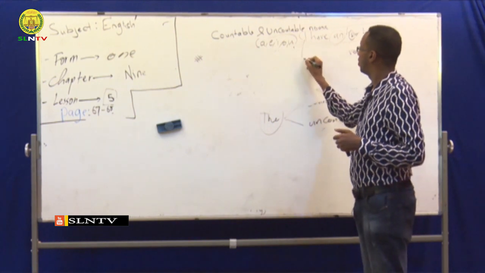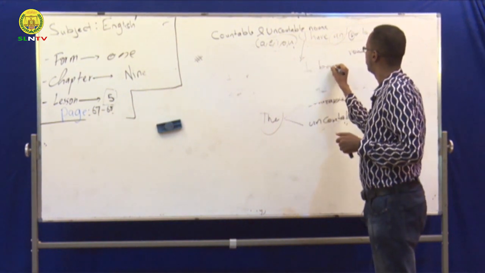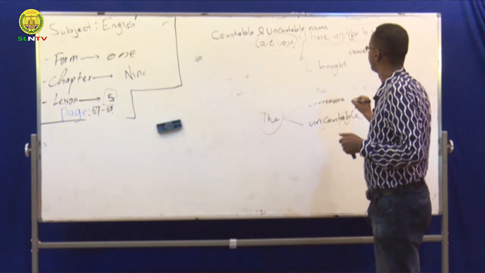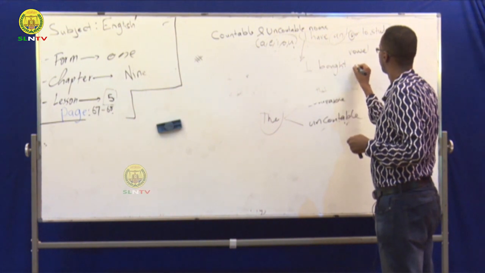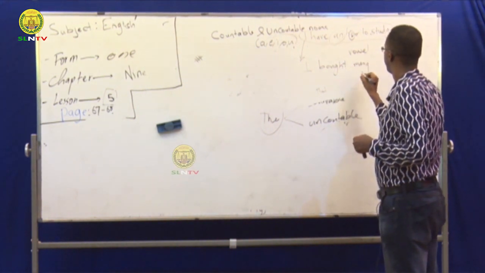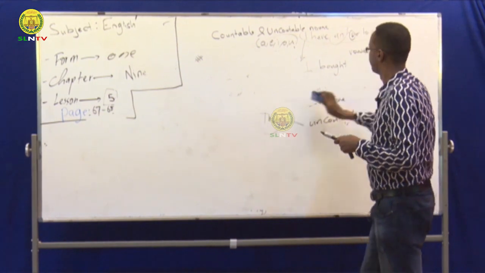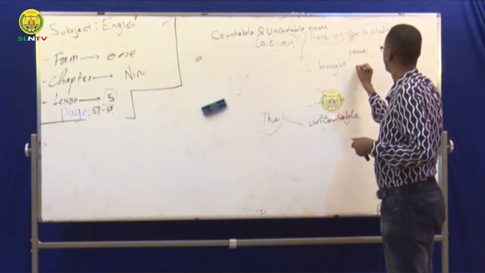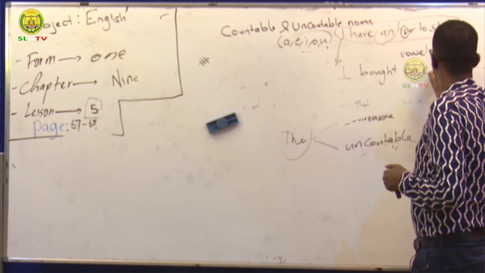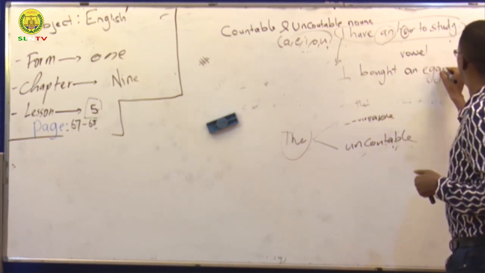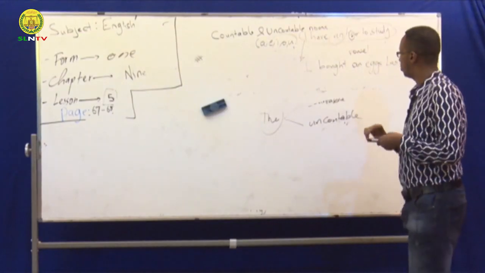Another example of countable: I bought an egg or eggs last night.